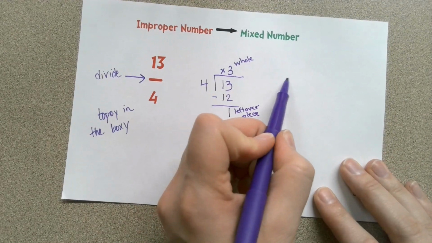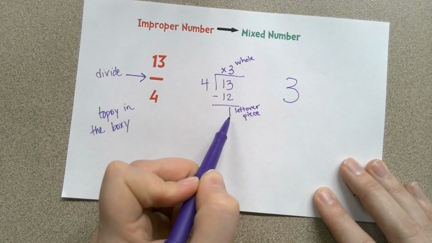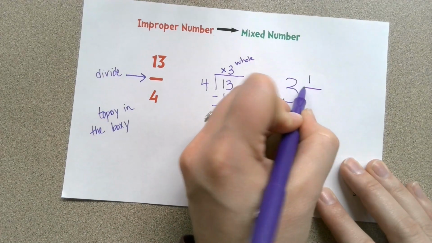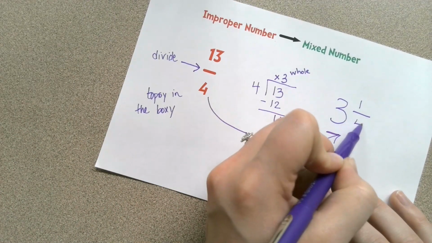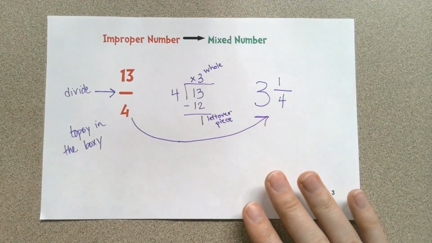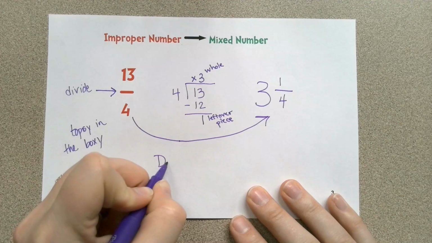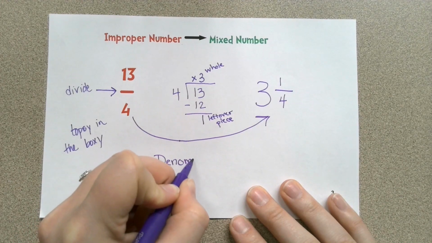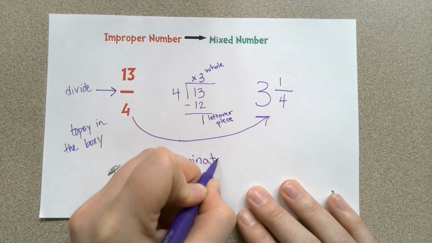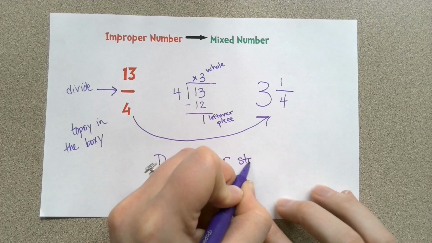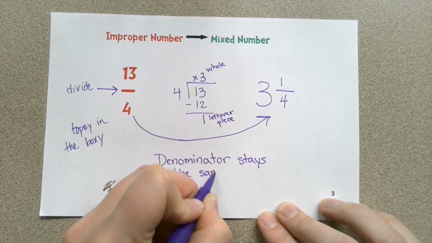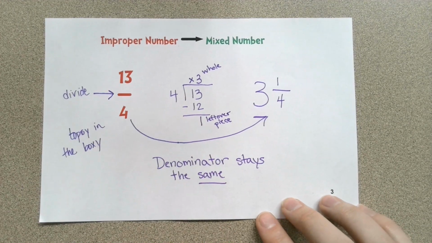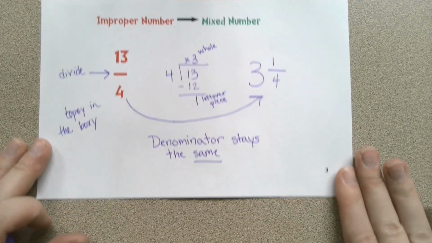Meaning that we have 3 as our whole number, 1 left over, which means 1 goes in the numerator, and the denominator always stays the same.